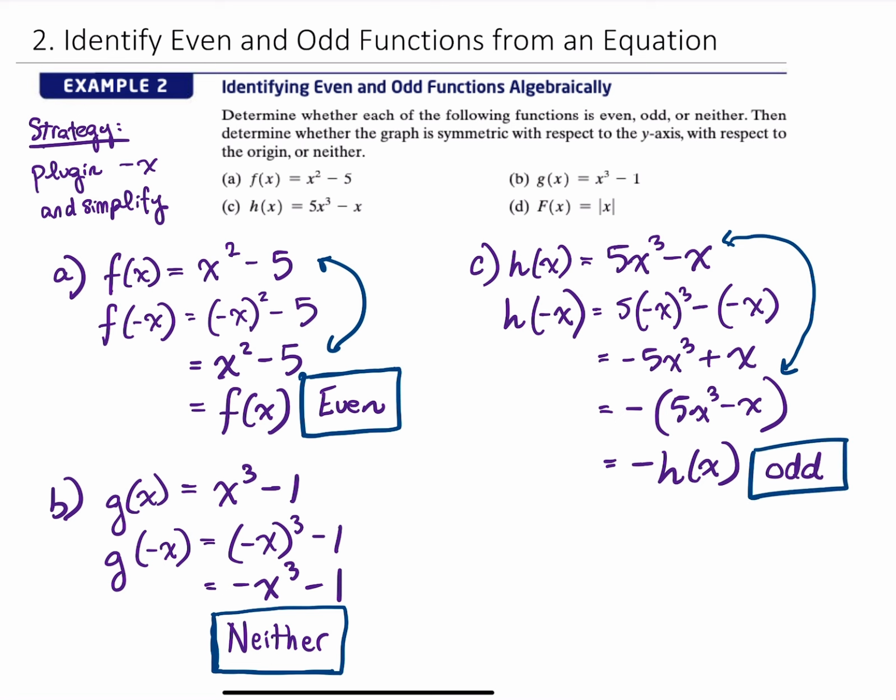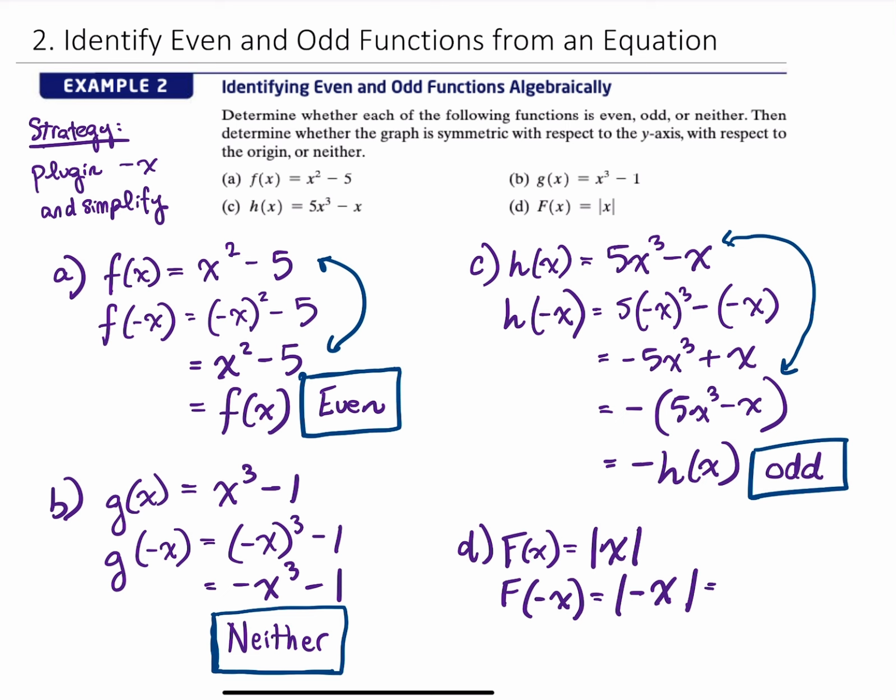And then our last one, part D. This is capital F of x equal to the absolute value of x. So let's do the same thing. F of negative x, we would plug in a negative inside. Well, the absolute value is just going to turn that negative into a positive.